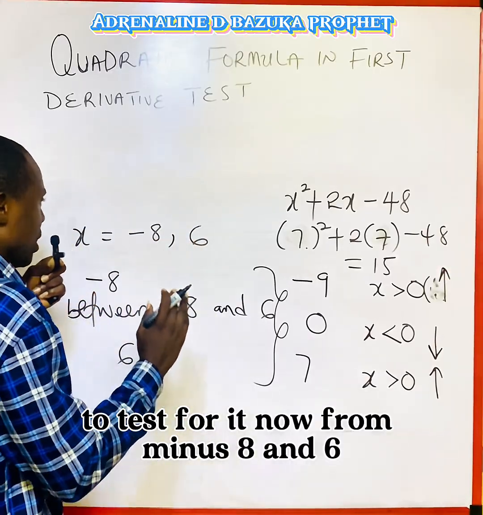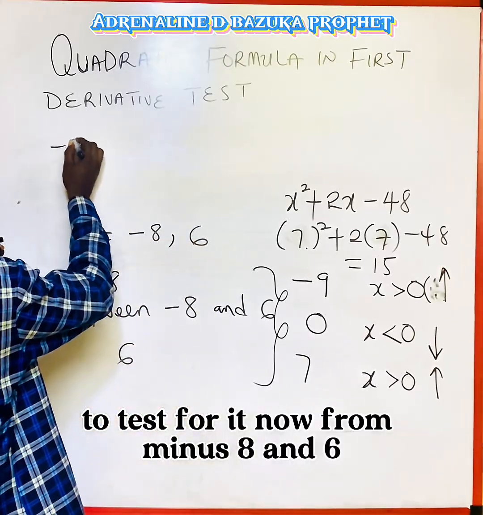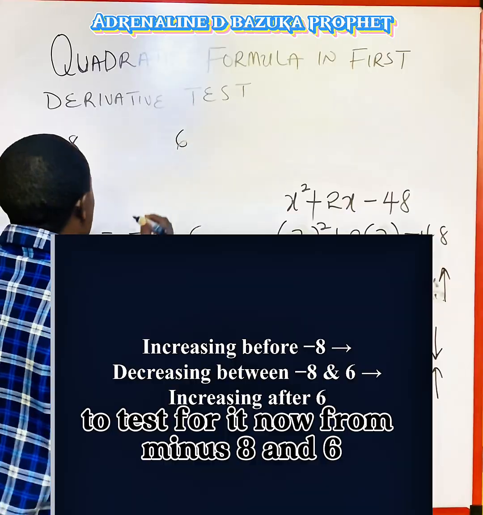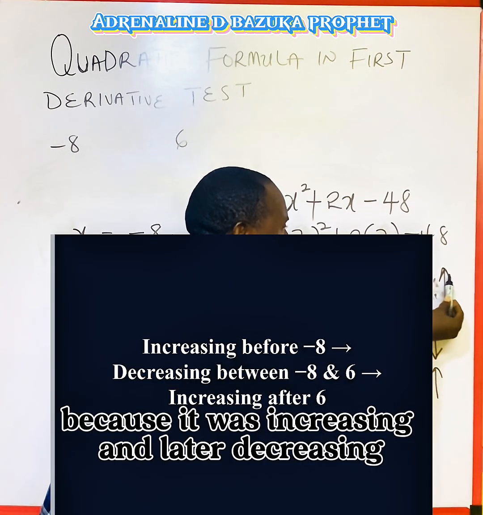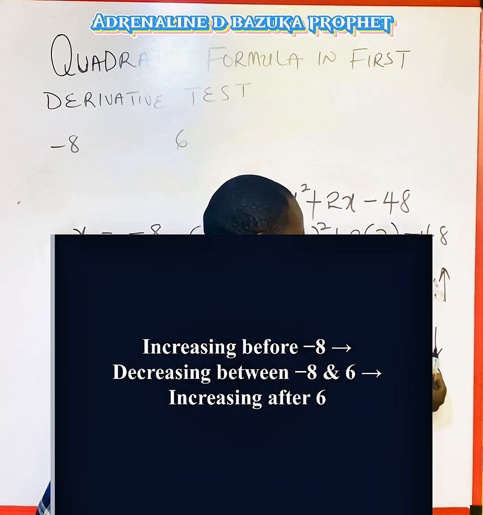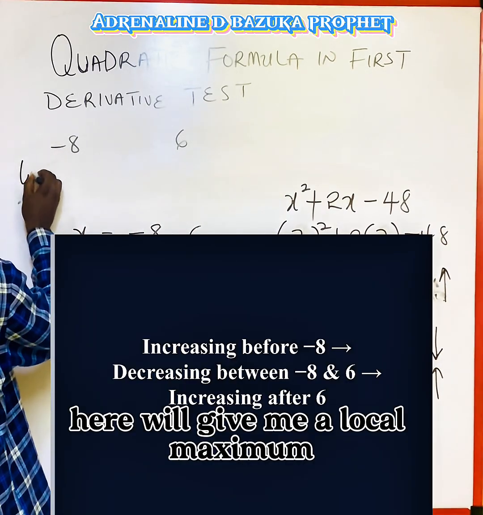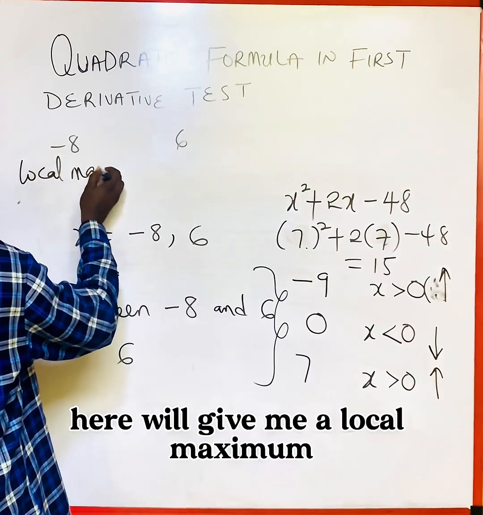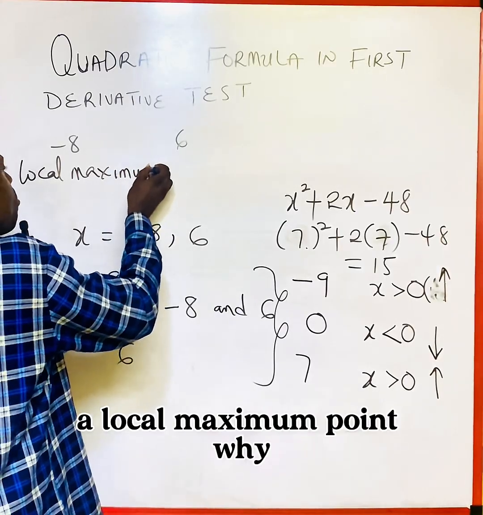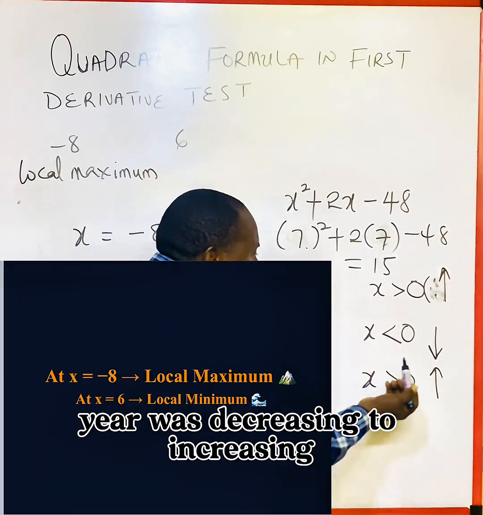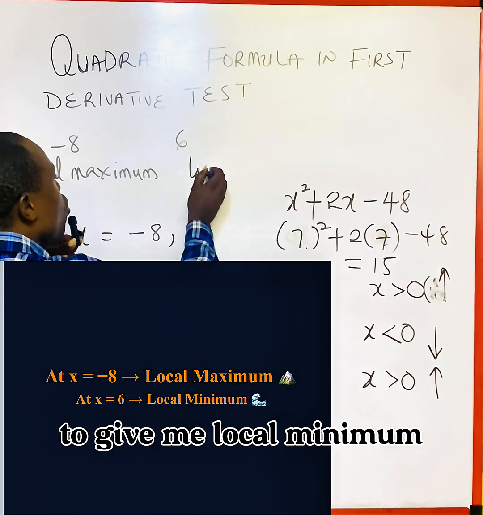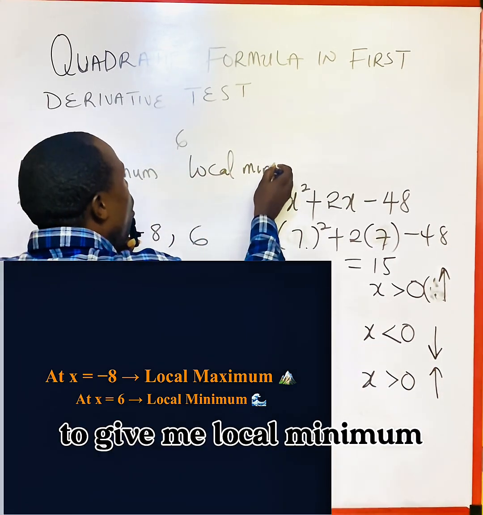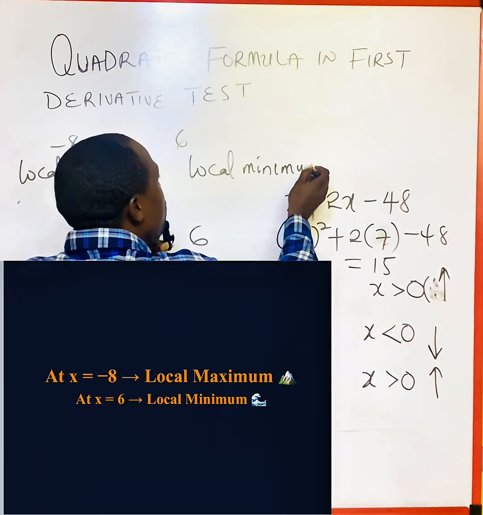To conclude, from negative 8 to 6, because it was increasing and later decreasing, here will give me a local maximum point, while here it was decreasing to increasing, giving me a local minimum point.